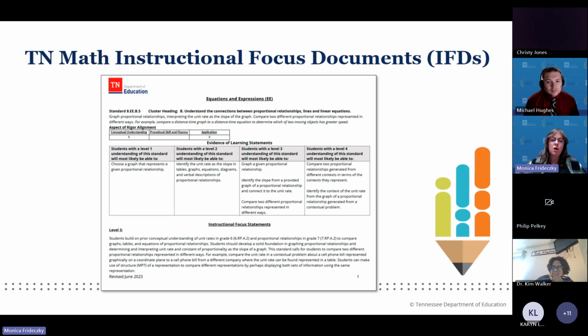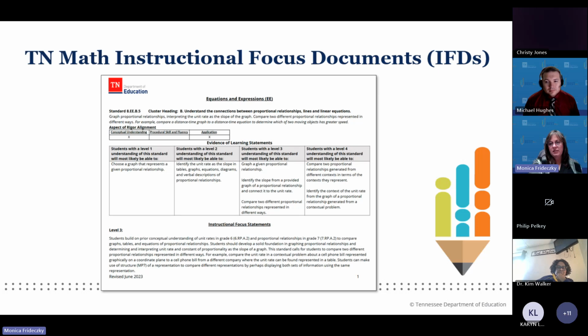Then you down below have the instructional focus. So if I want my students to reach that level 3 of grade level understanding, then where should I focus my instruction? The narrative below level 3 describes where instruction should focus if you want to reach level 3.